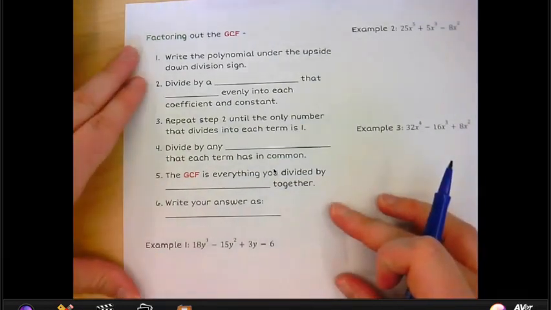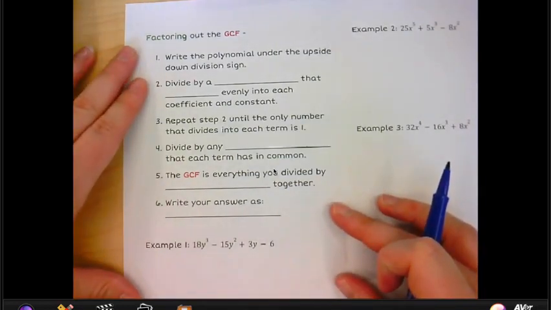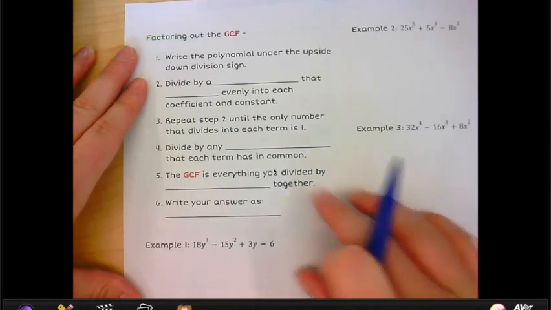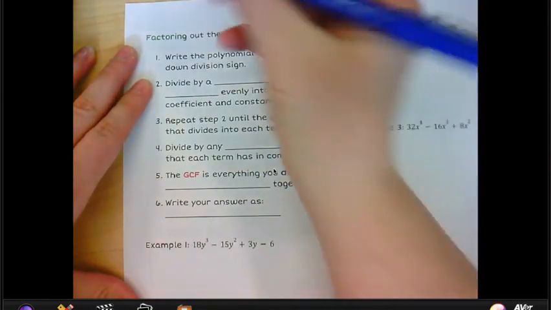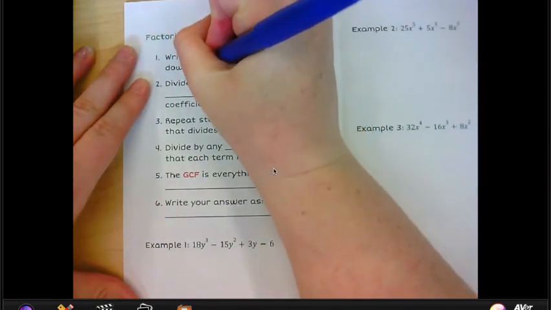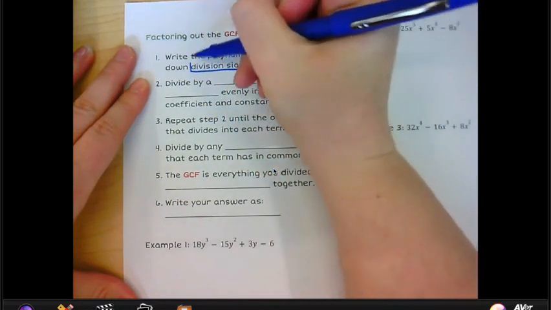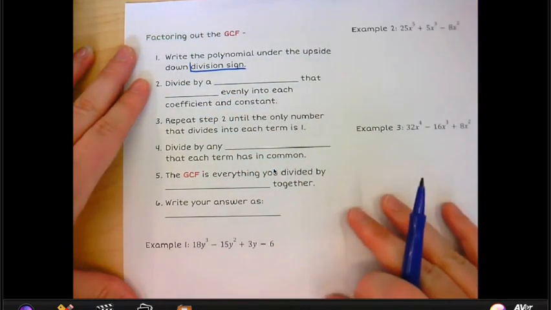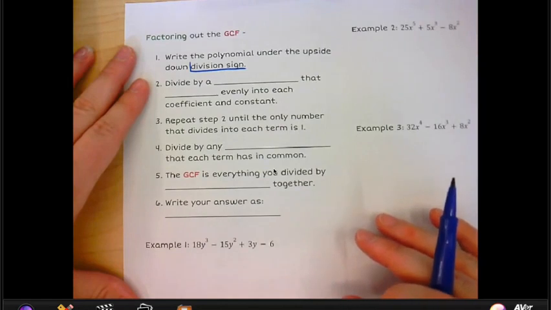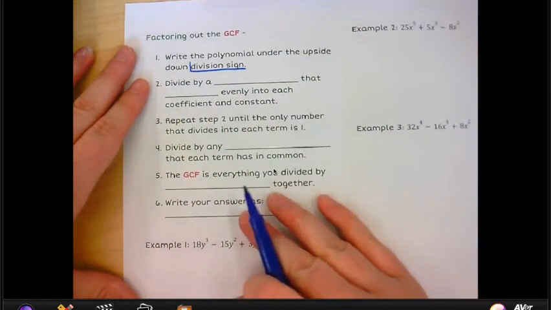So our first step here, we're going to use division. We're going to start by writing the polynomial under an upside down division sign. So let's put that upside down division sign there. If you think of a division sign, if we're doing long division, we're just going to make it upside down.